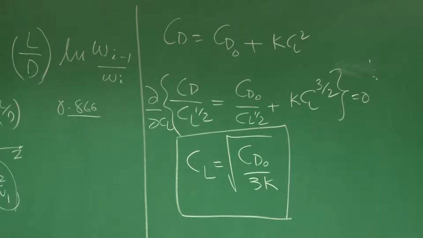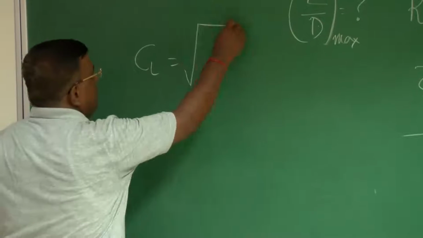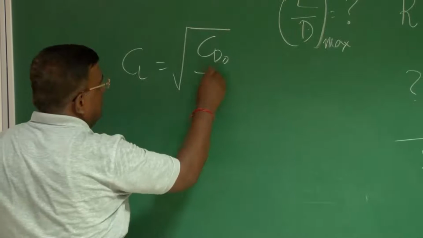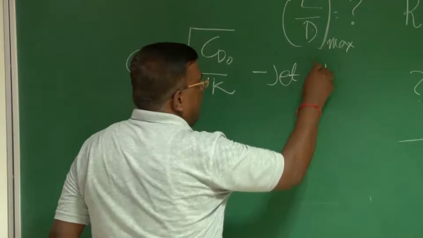And if I understand that message, I write CL equal to under root CD naught by 3K. This is for jet R max.